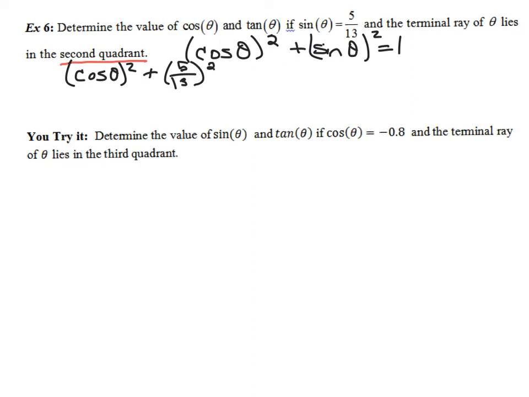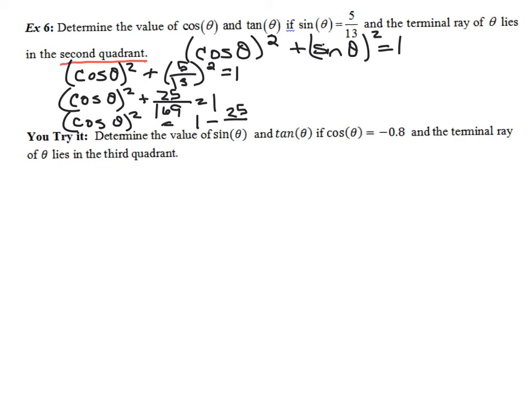So I'm going to square that 5/13 and substitute it in. So cosine squared theta plus 25/169 is equal to 1. So that tells me that cosine squared theta will be equal to 1 minus 25/169.